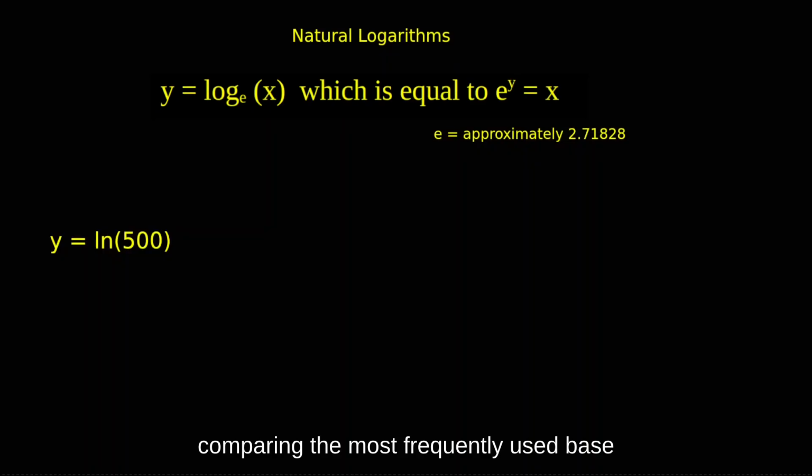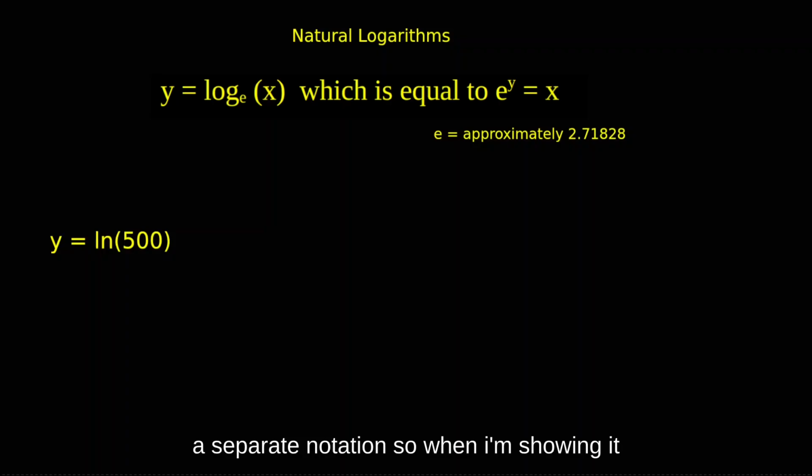The most frequently used base for logarithms is base e, the value of which is approximately 2.71828. Base e logarithms are important in calculus and some scientific applications. They're called natural logarithms. The base e logarithm would be log base e of x, and it has a separate notation.